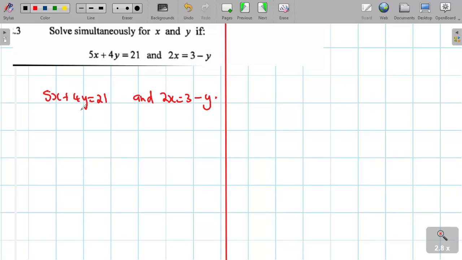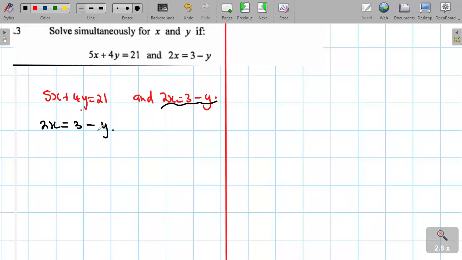On these 2 equations, which one will be easy for you to make x or y the subject? It's not always y. We can even work with x being the subject of the formula. I'm just going to choose this one. It will make my life easy. I have 2x equals 3 minus y. I can now rearrange, making y the subject of the formula.